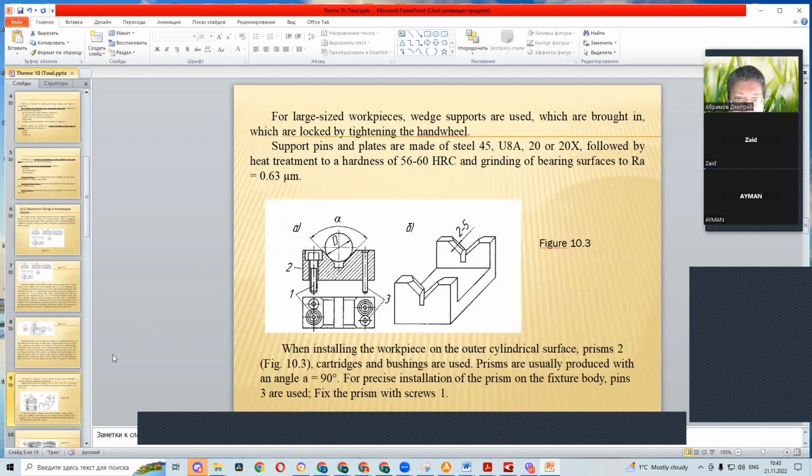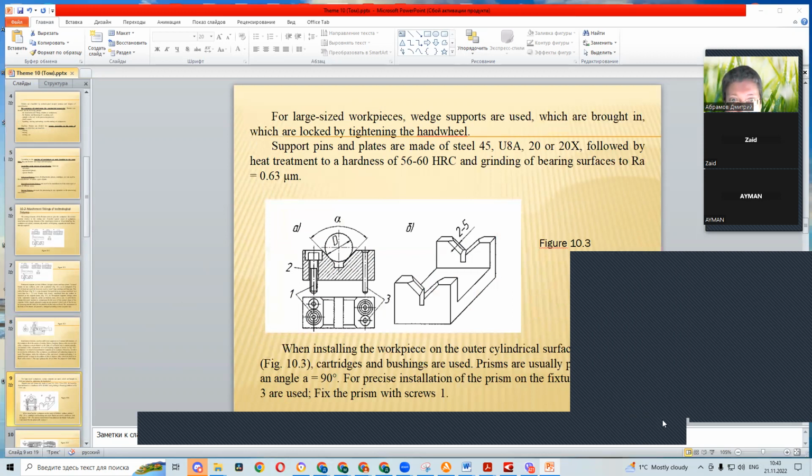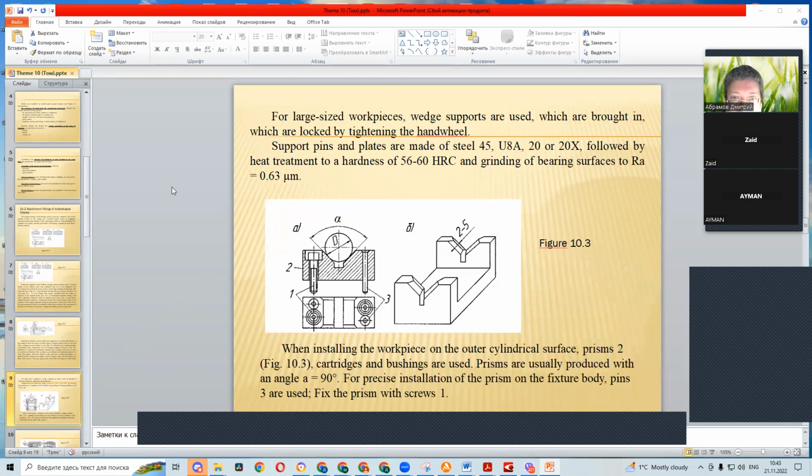For large-sized workpieces, wedge supports are used, which are locked by tightening by hand.